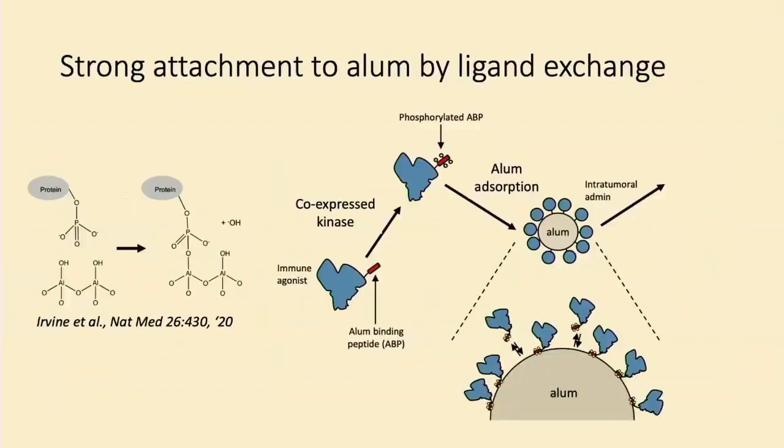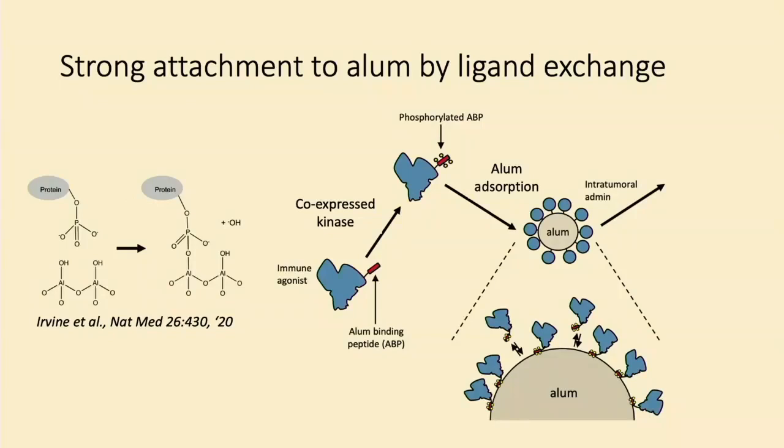So this was a trick that we picked up from Daryl. He had published in Nature Medicine that if you take antigens and attach them to alum, not by physisorption, but by site-specific phosphorylation of serines, threonines, or tyrosines, they bind almost with a covalent affinity.